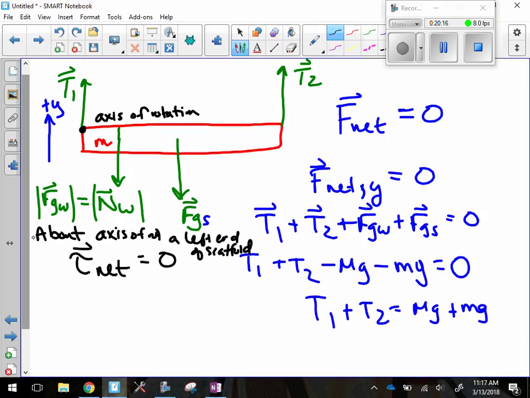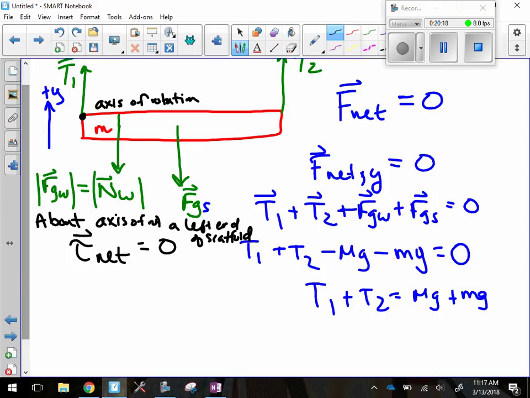And then you have to write down all the things that can have torques. So for instance, T1 will have a torque. What else will have a torque? I'm writing down everything that could possibly have a torque, and then we'll go back and get rid of things. Okay, what else is going to have a torque?